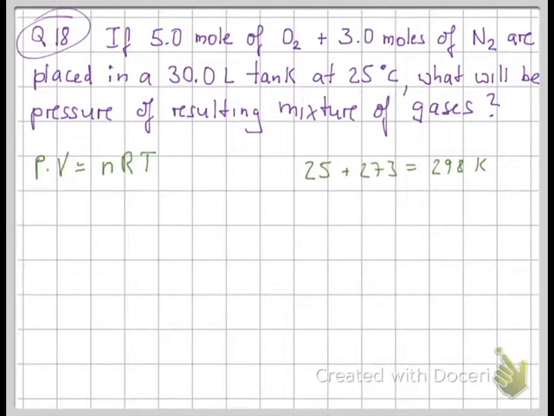So we have volume, which is 30 liters, we have the temperature, and we have R, which is 0.082, with all these crazy units again, liters times atmosphere divided by kelvin divided by moles.